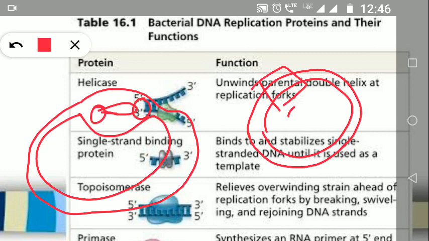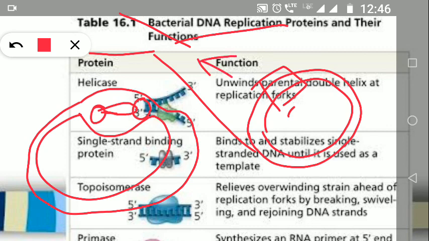So when we start unwinding the double-stranded DNA, here is the replication fork, and these two strands are being separated. These are base-paired double-stranded DNA, so this base pairing has been disrupted and the two strands are separated.